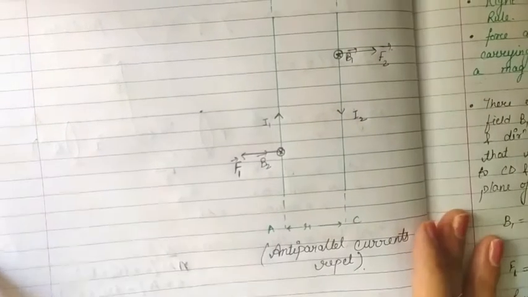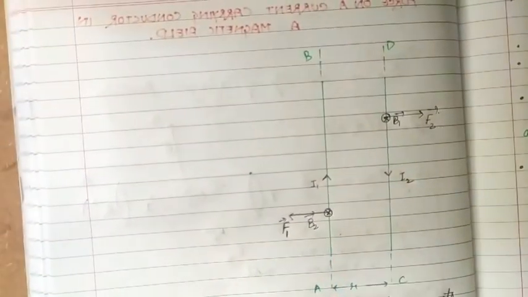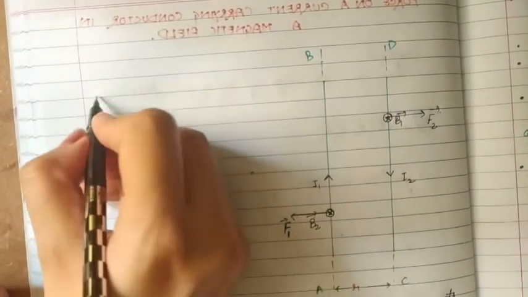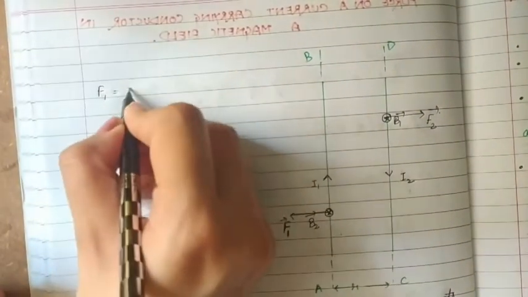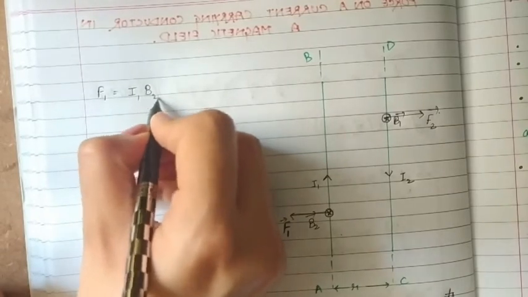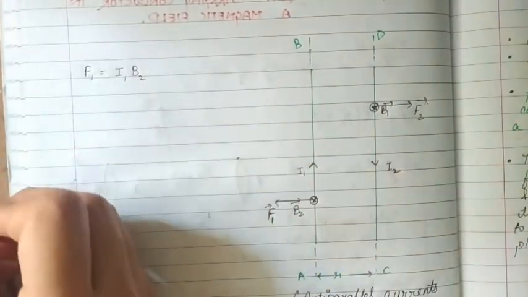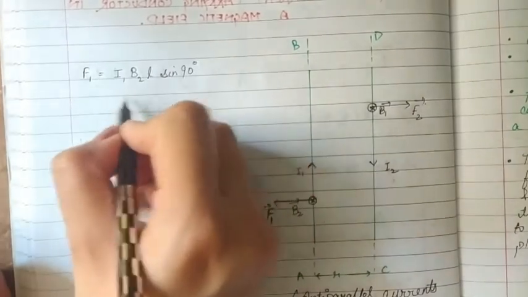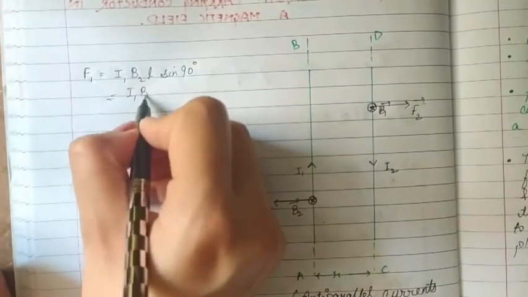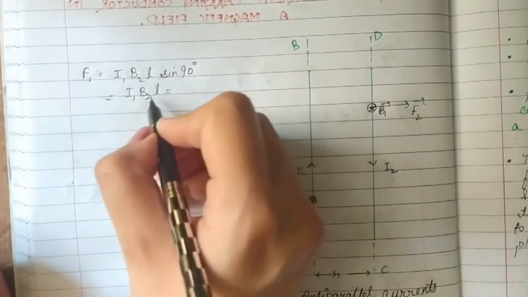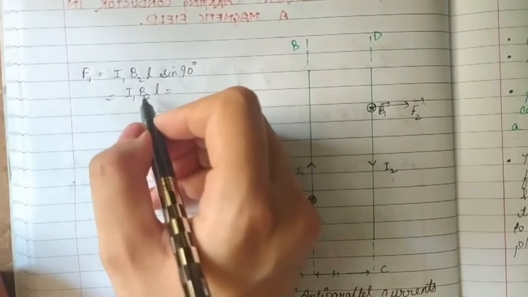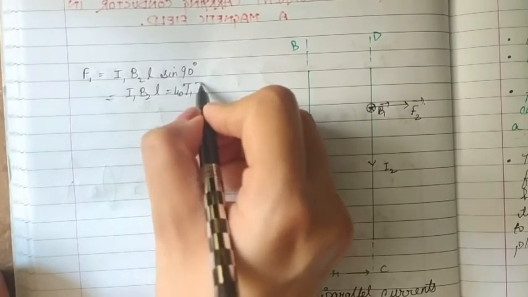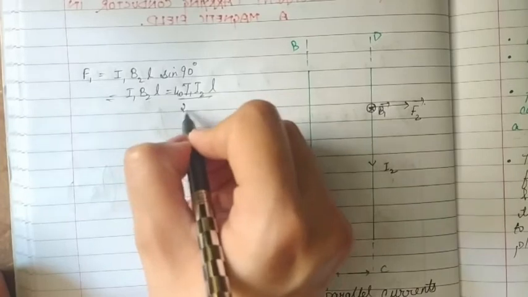If we talk about the magnitude of these values, they will be the same because we are not changing any factor. F1 is I1 B2 L sine 90, that is I1 B2 L, and B2 is mu naught I2 upon 2 pi r, so F1 is mu naught I1 I2 L upon 2 pi r.